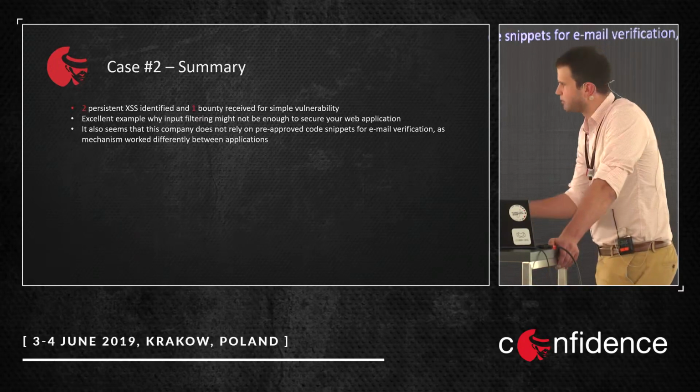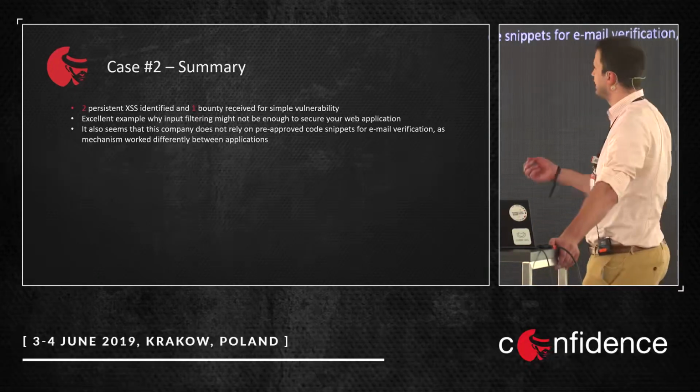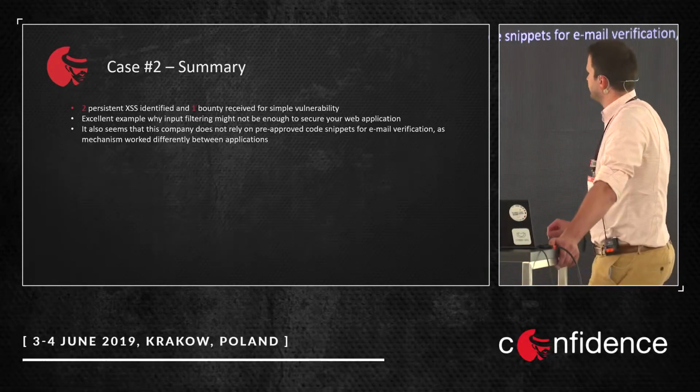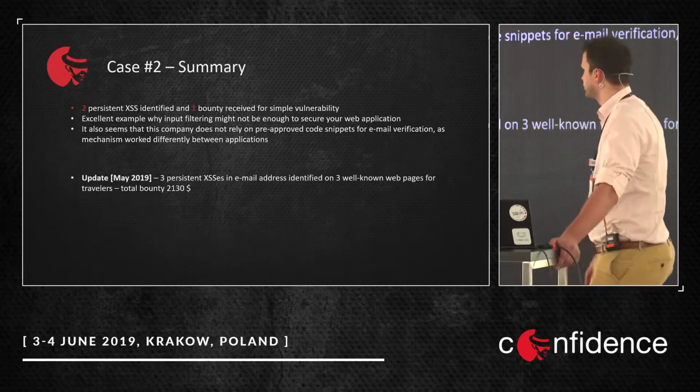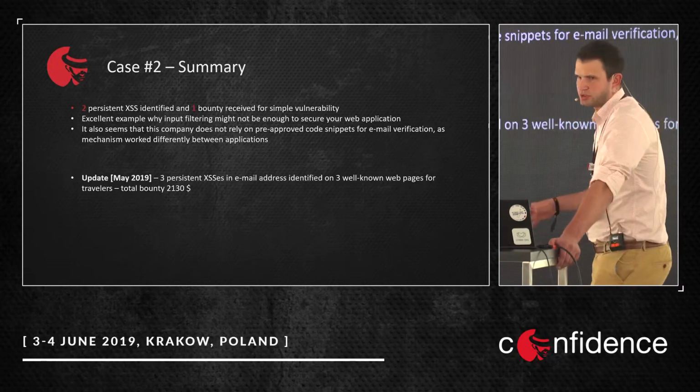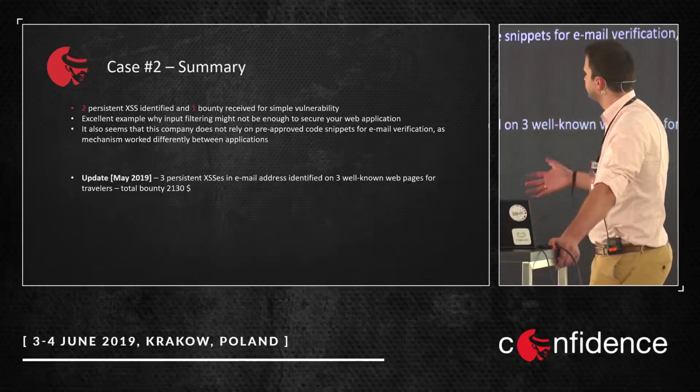Just by using a number of different systems, we are able to find some pretty easy vulnerabilities which were not encountered before. And a quick update on that, because the entire presentation mentions vulnerabilities which were identified last year.